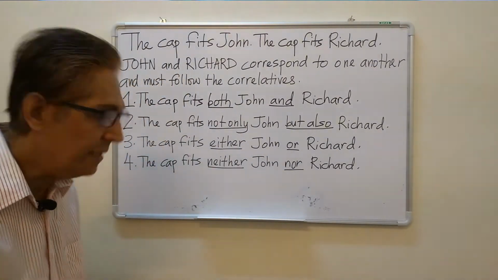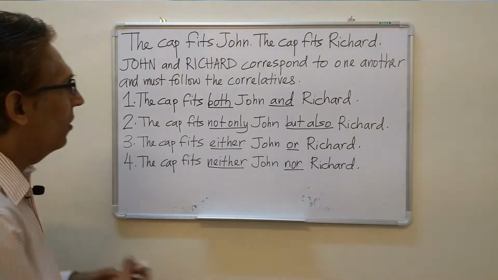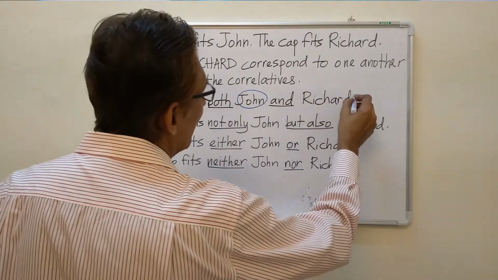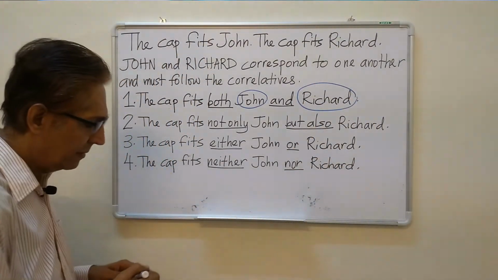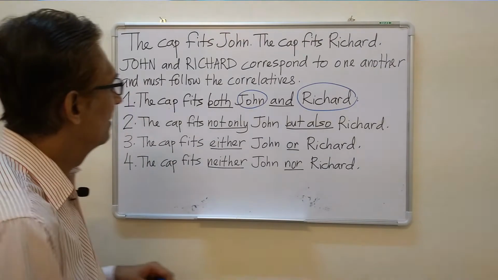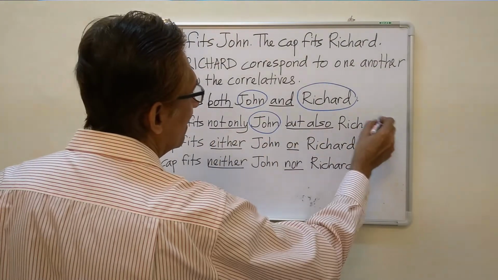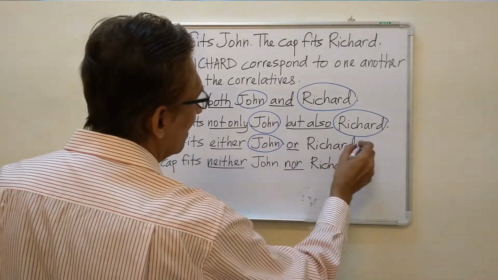As you can see, the same part of speech, John, which is a noun, and Richard, which is also a noun, follow the respective correlatives. John, Richard, both are nouns.